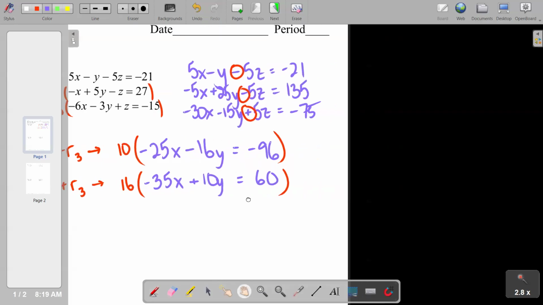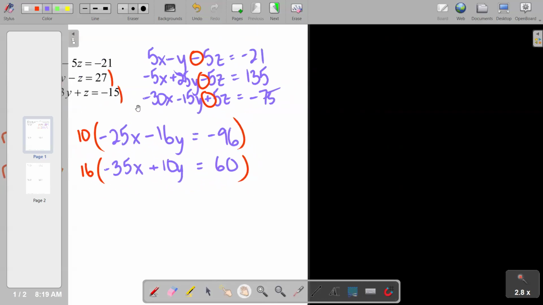So when I multiply the top equation by 10, I get negative 250 x's. I get minus 160 y's equals negative 960.